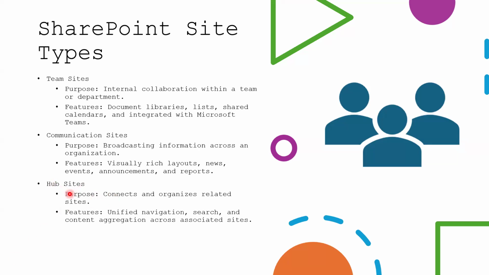So a hub site is not one site, we can say. It's multiple sites connected together that share the same search, navigation, and other information across the associated sites. We can see practically how it looks in the next session.